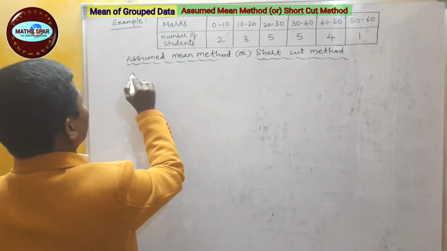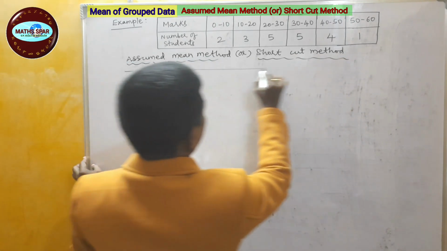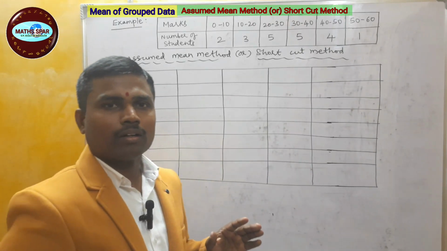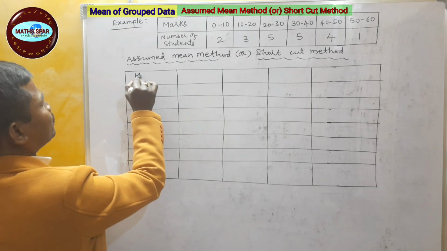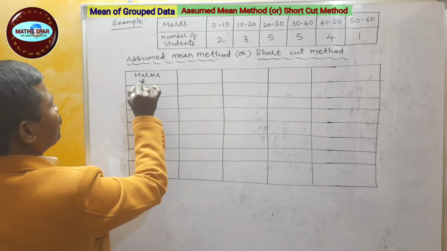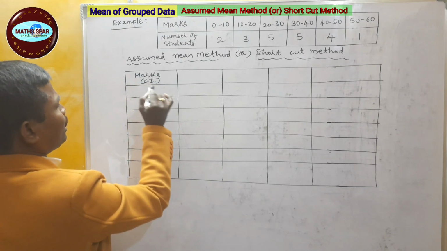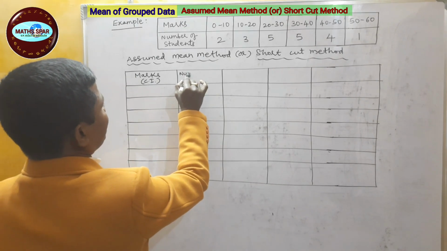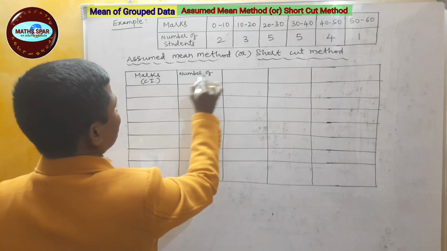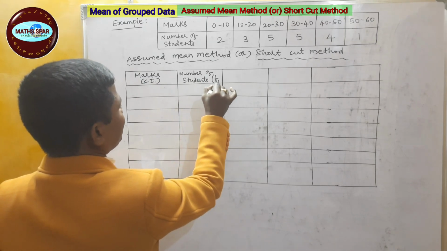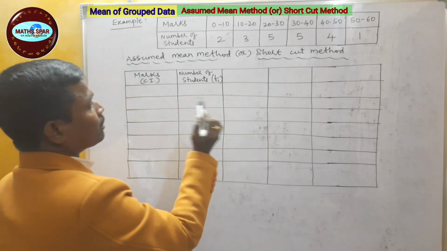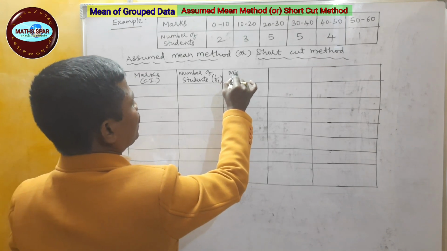Let us prepare the table first. After preparing the table, let us write marks which are given in the form of class interval, then number of students, which we consider as fi, then comes mid value.